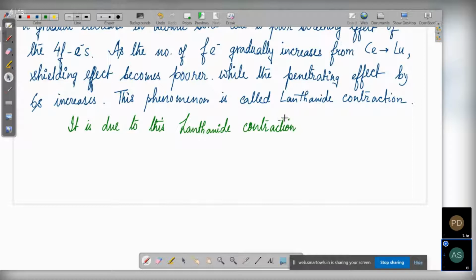Lanthanide contraction is an important topic both for your class 11 as well as class 12. You will need this in class 12 also. So read it nicely now so that in 12 there is at least a bit less pressure in doing one topic.